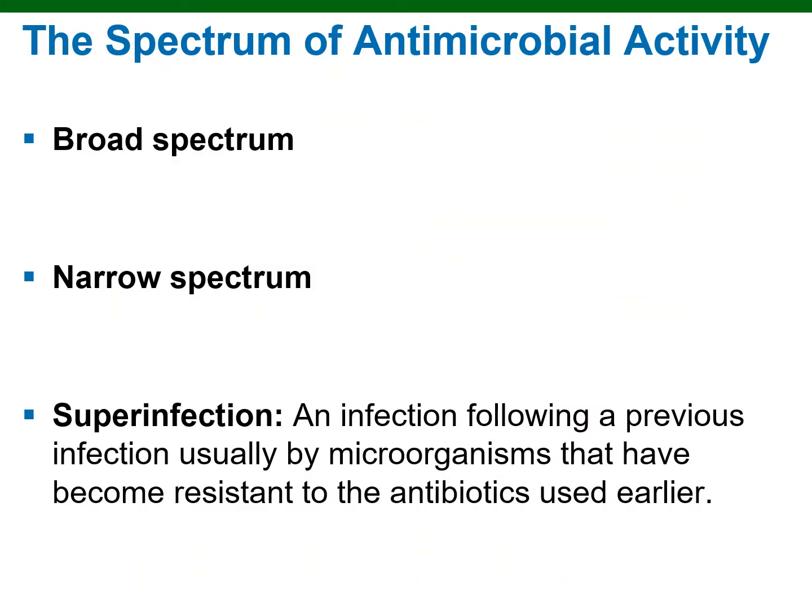The spectrum of bacteria that antibiotics can treat can be defined as either broad spectrum or narrow spectrum, and so we should define these terms. A broad spectrum antibiotic is defined as one that can kill or inhibit a wide variety of bacteria.